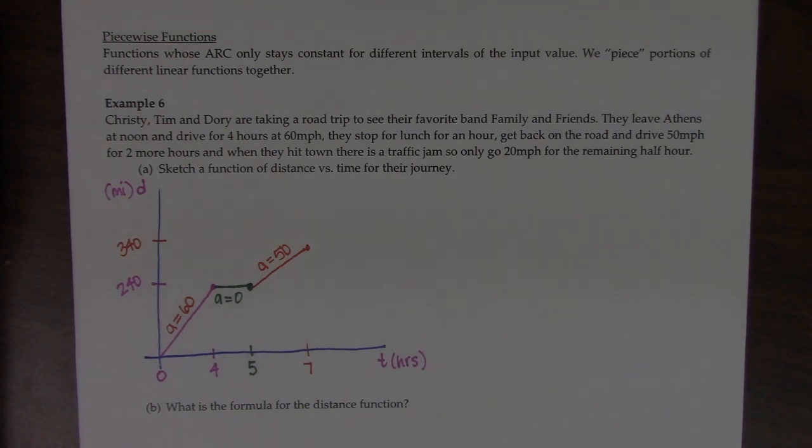And then when they get to town, there's a traffic jam, so they go 20 miles an hour for a half hour. So if they'd gone 20 miles an hour for a full hour, we would be at 20 miles, but they only did it for 30 minutes. So that means they've only gone 10 miles. So let's see here. I'm going to try to pick a good color for us.